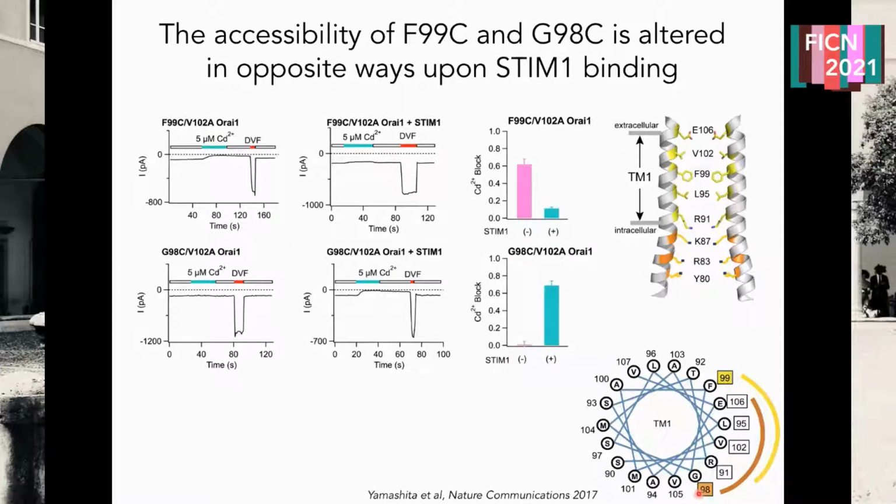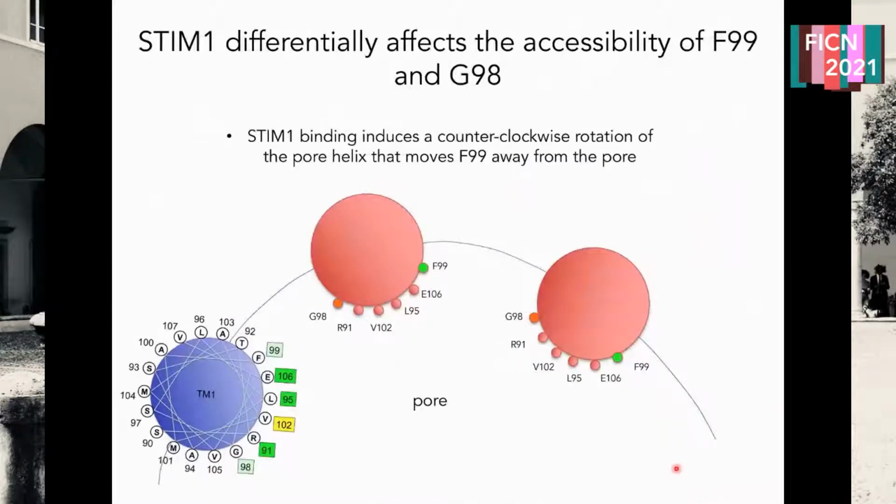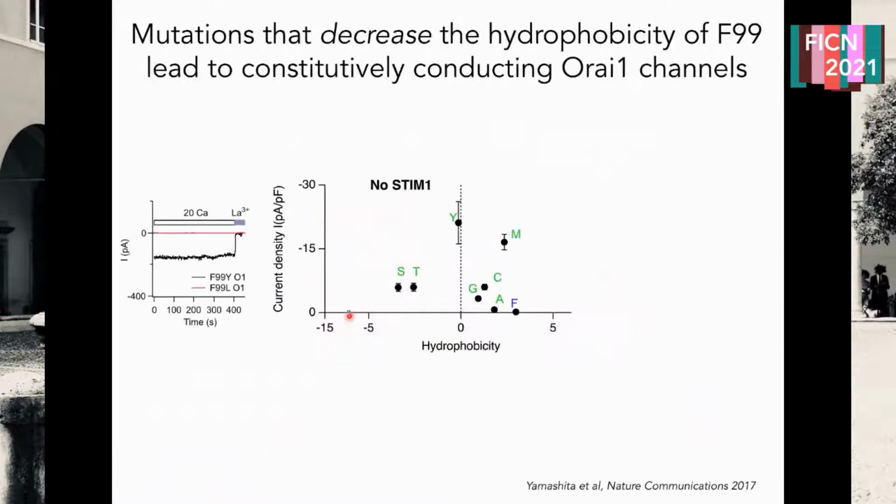And we figured that the simplest conformational change that could potentially explain this type of displacement is a modest, a small 15 to 20 degree helix rotation that would conceal F99 away from the ion conduction pathway while bringing G98 into play.